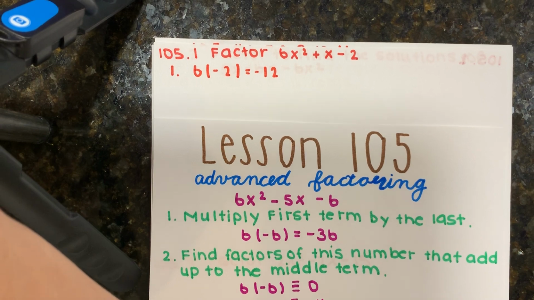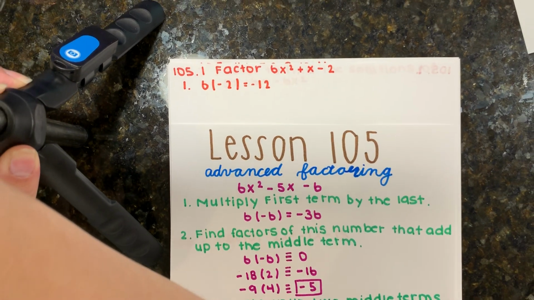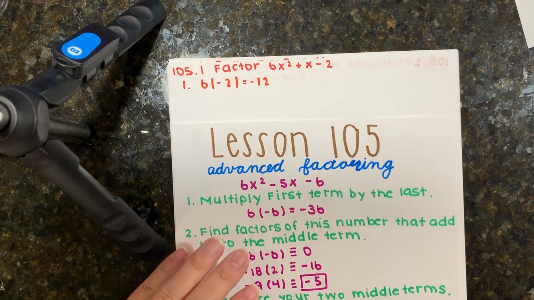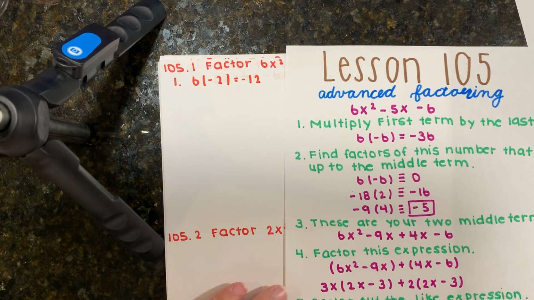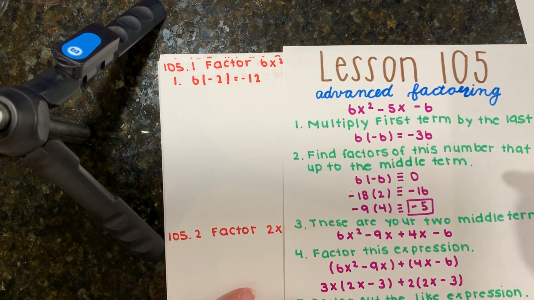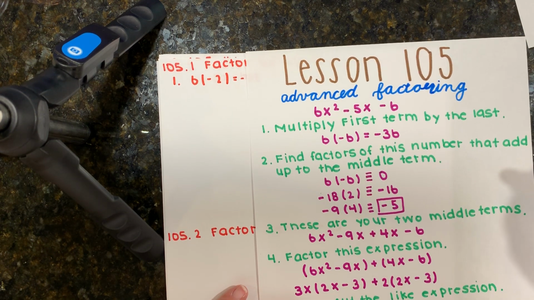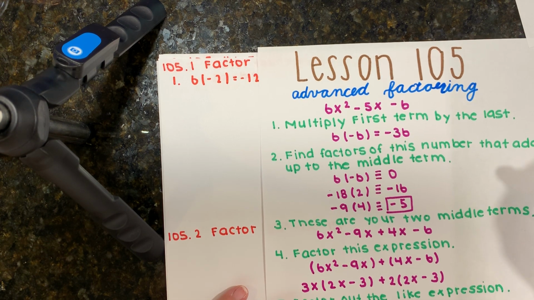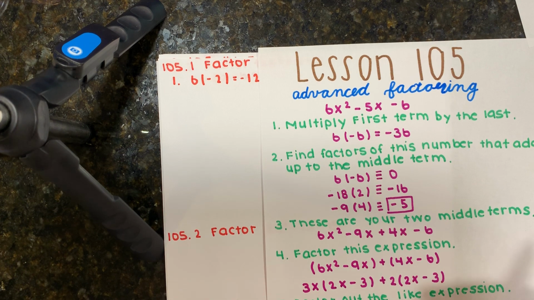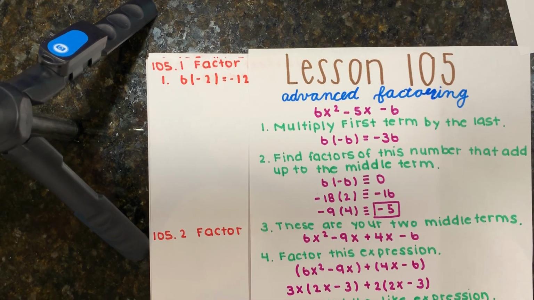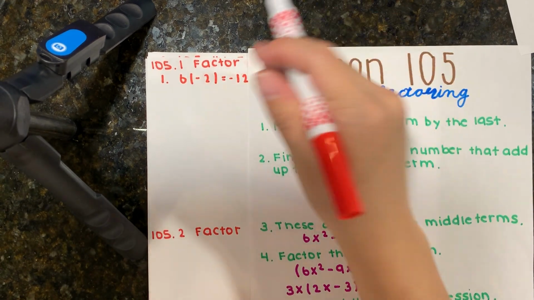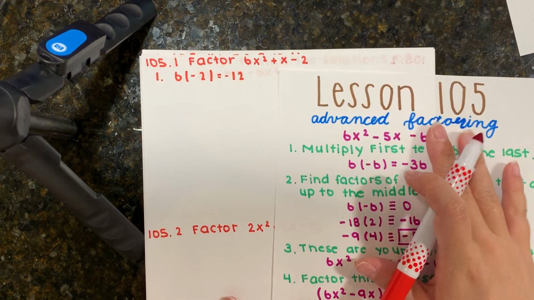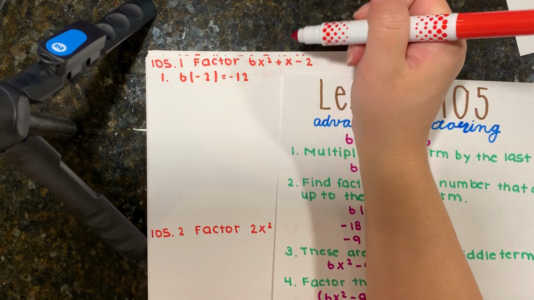Now I want to raise this up a little bit so hopefully we can get our notes in there. Okay, now we're going to find the factors of this negative 12 that add up to the middle term, so factors of negative 12 that add up to positive 1.